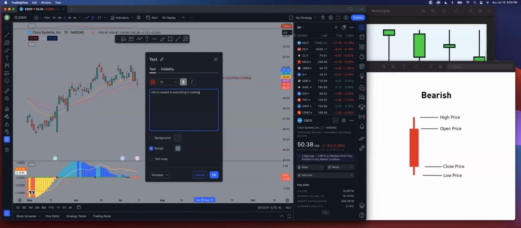So if you're risking $1,000, you need to be making $3,000 as a result. If you're risking $100, you need to be making $300 on the trade. At the very, very least, you need to be making at least 2 to 1.